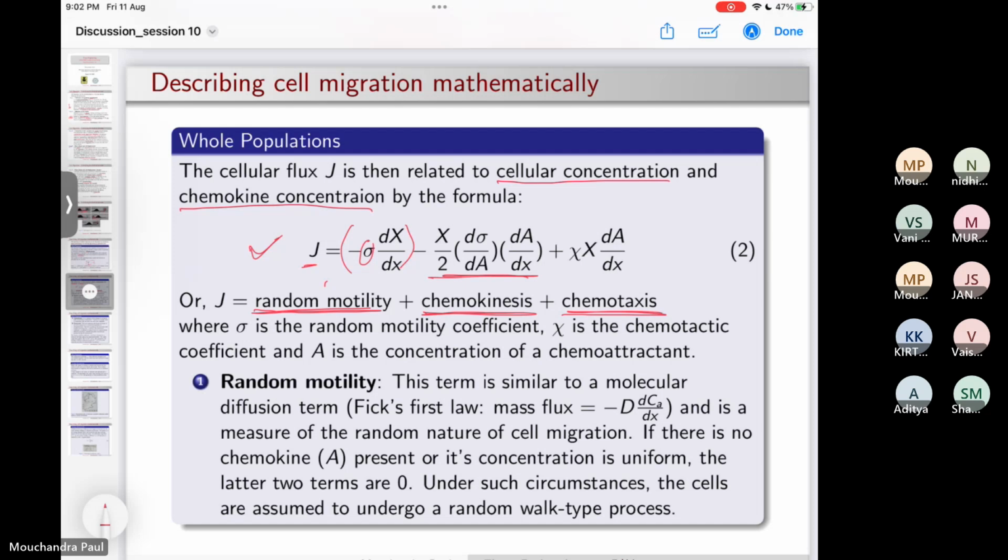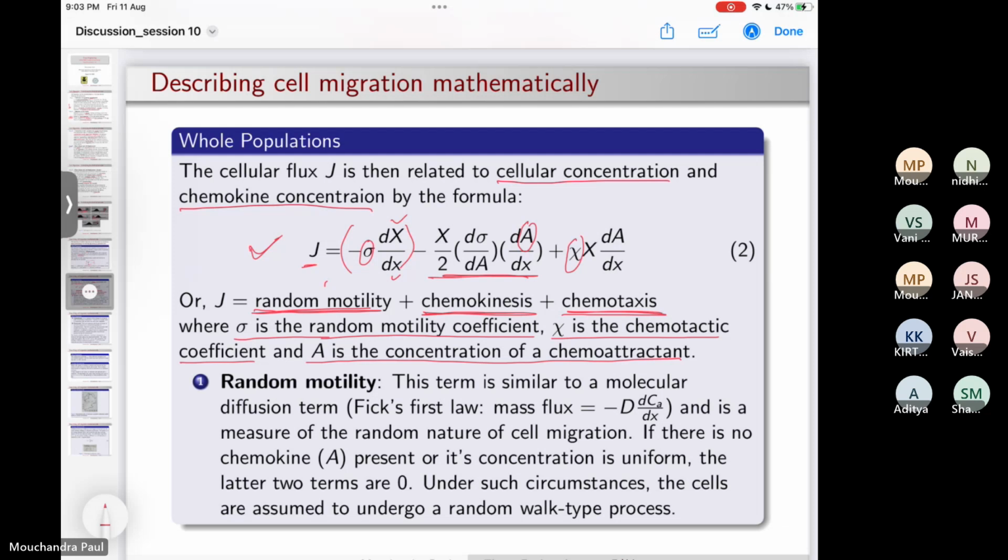Sigma is one constant, chi is another constant, and A is another important factor in this equation. Capital X is the cell number and small x is the distance coordinate. Sigma is the random motility coefficient, chi is the chemotactic coefficient, and A is the concentration of the chemoattractant, basically the concentration of the chemokine. We'll talk about each of these phenomena individually.